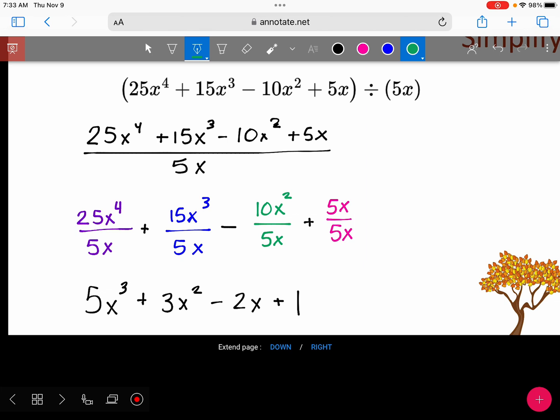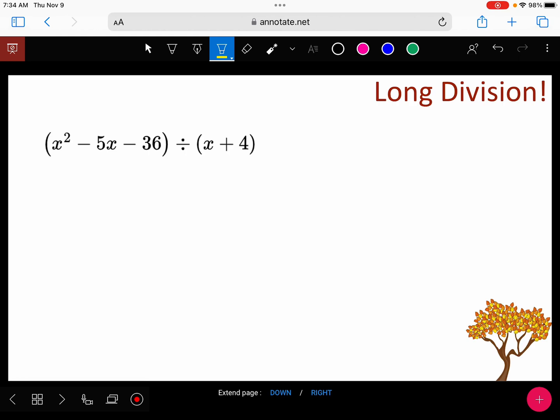But that only works when we're dividing by a monomial, when we're dividing by something that doesn't have adding or subtracting in it. So what happens when we divide by something with a plus in it? So we have x squared minus 5x minus 36, and we want to divide it by x plus 4. So what we're going to do is we're going to set this up as a long division, just like the one we did in the bell work.